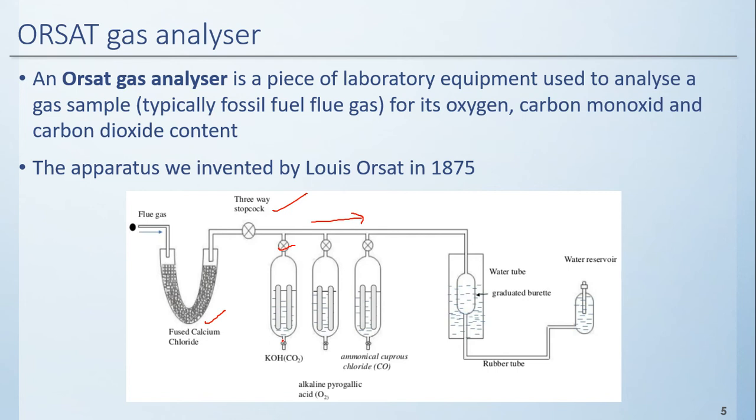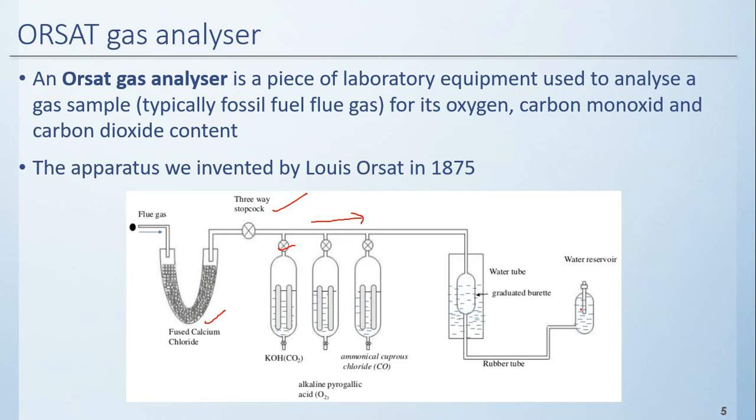Now you close the valve of KOH and open the valve of your second cylinder, which contains alkaline pyrogallic acid. This one is for measuring the amount of oxygen. Again you move the reservoir up so that water enters the burette and pushes the flue gas to the second cylinder containing alkaline pyrogallic acid. There the oxygen content is measured.